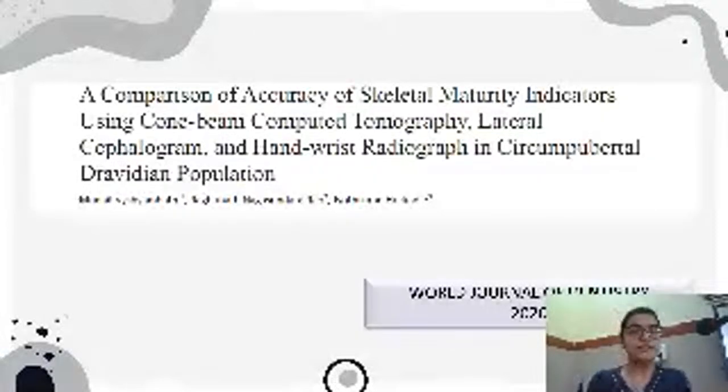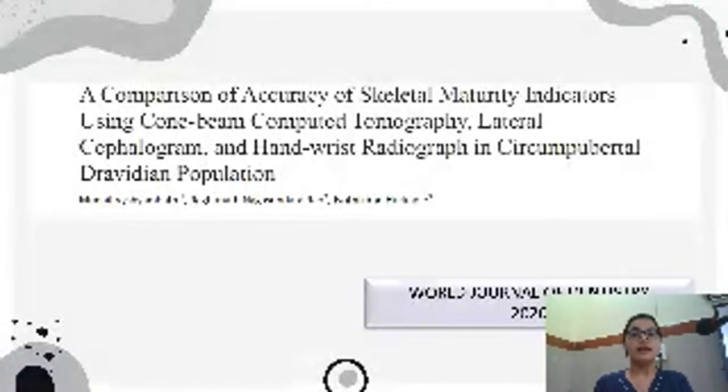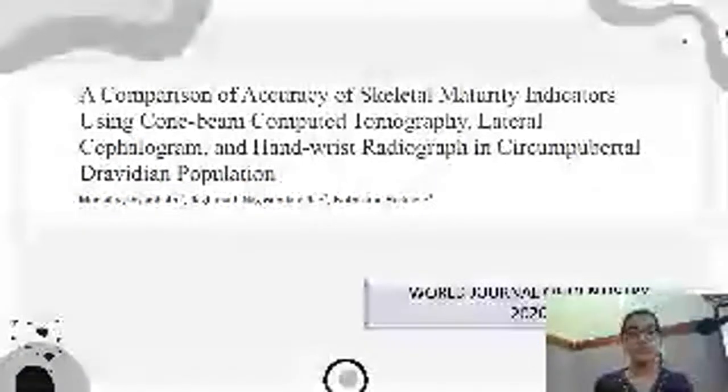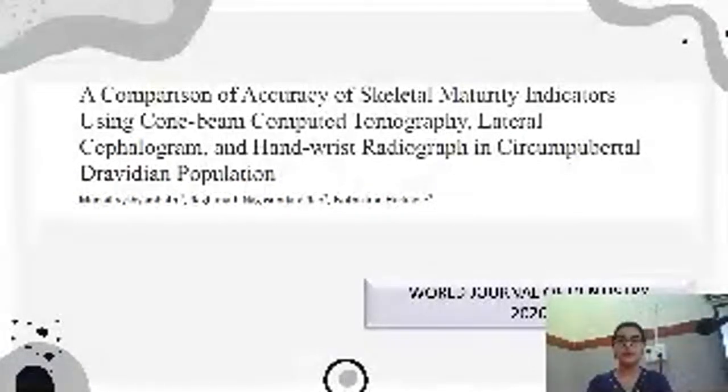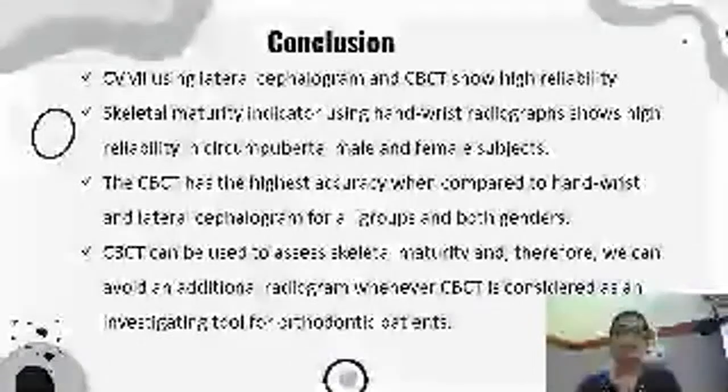The article titled A Comparison of Accuracy of Skeletal Maturity Indicators Using Cone Beam Computed Tomography, Lateral Cephalogram, and Hand Wrist Radiograph in Circumpubertal Dravidian Population by Munaf et al., was published in World Journal of Dentistry in 2020. This article concluded that the cervical vertebrae maturation index using lateral cephalogram and CBCT shows high reliability.